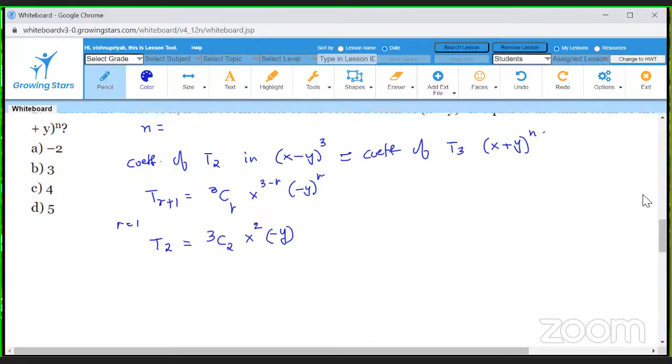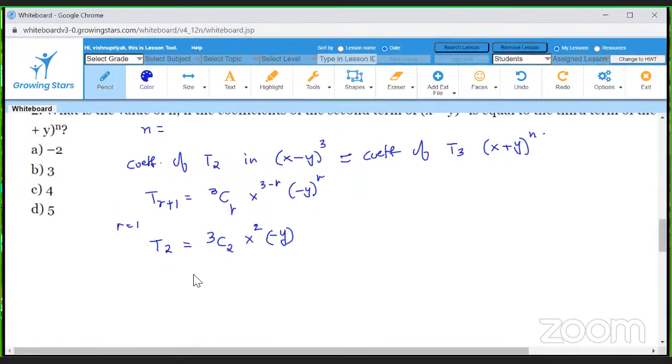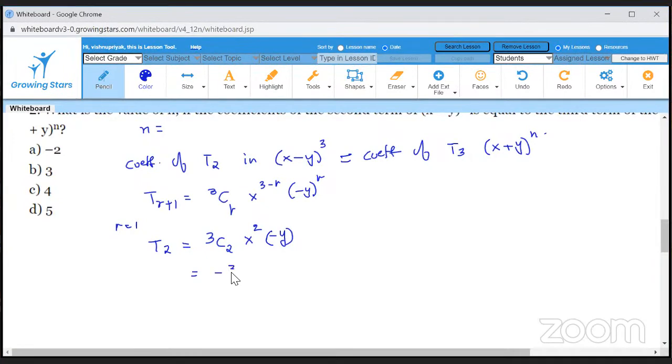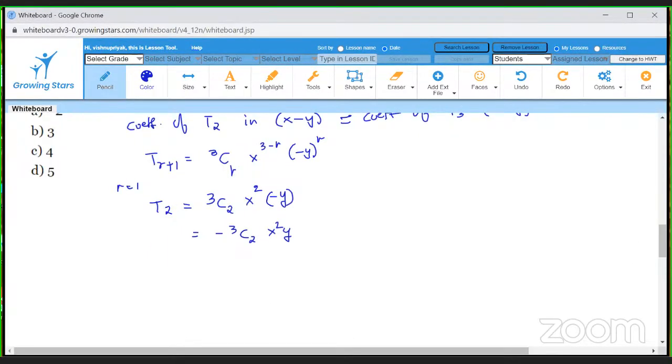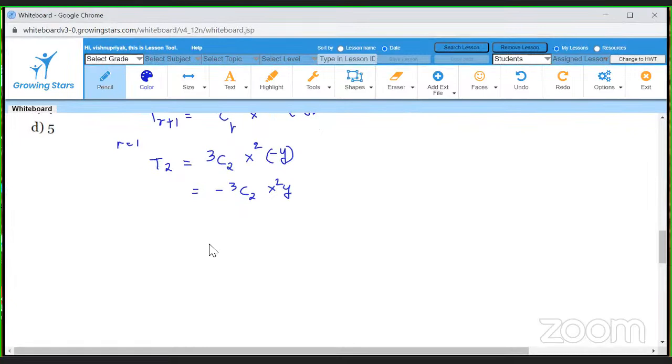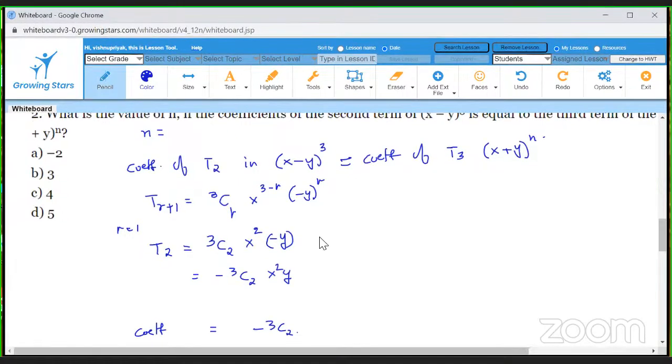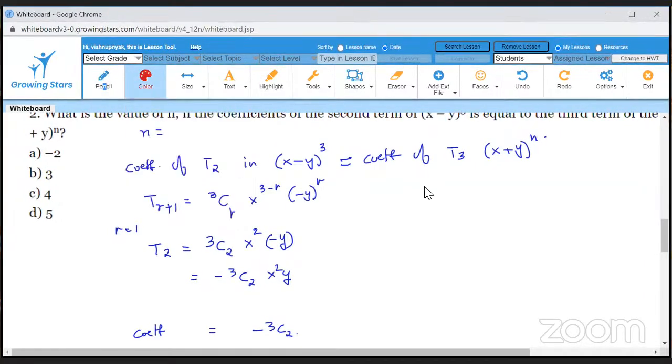Coefficient of second term. So second term will be minus 3C1 x square y. What is the coefficient? What is the coefficient here? Minus 3C1. Coefficient is minus 3C1. Only the number coefficient means. Next one. For the next one, I will take the general term again.